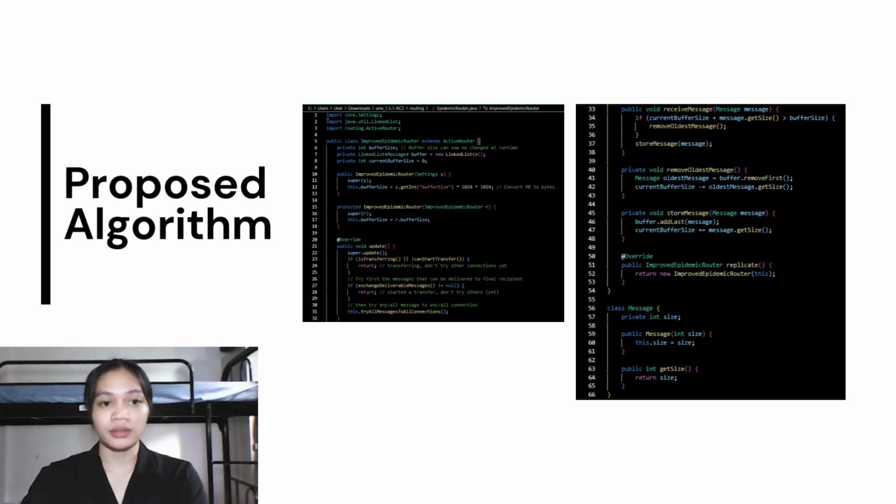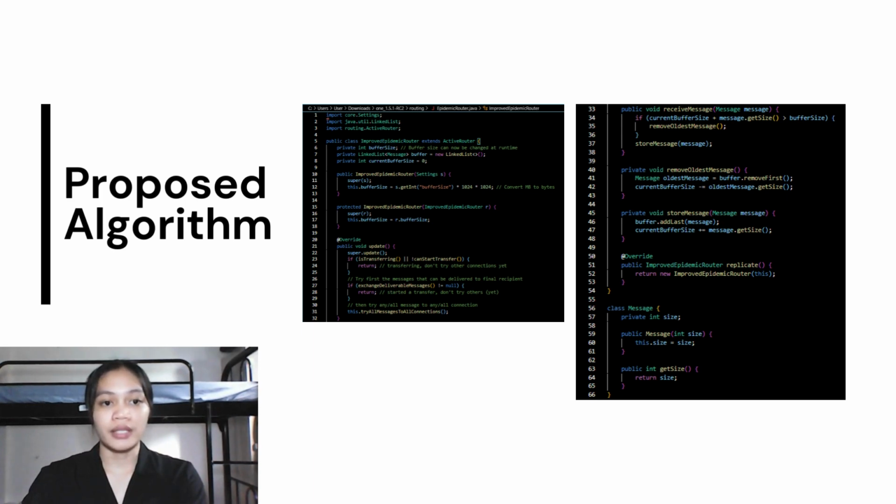Then there is a constructor that takes a settings object as a parameter. It calls the parent class constructor with the settings object and sets bufferSize to the integer value of the buffer size in the settings object.